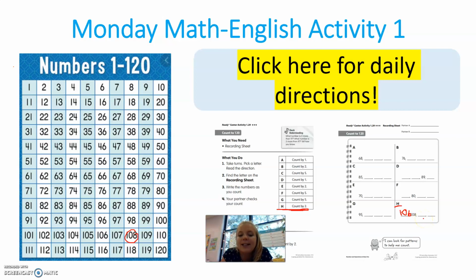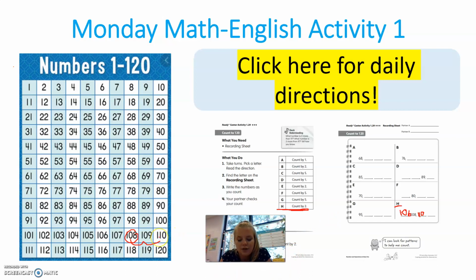All right, now I need to see what comes next. So if we're counting by twos, I need to see what comes two after 108. So let's see here. 2 after 108. So here's 108. I'm going to count 1, 2. It's 110. So next is 110. Okay. And now I'm going to see what comes two more after 110.